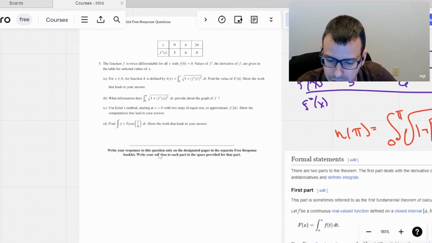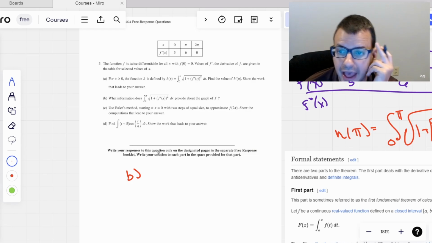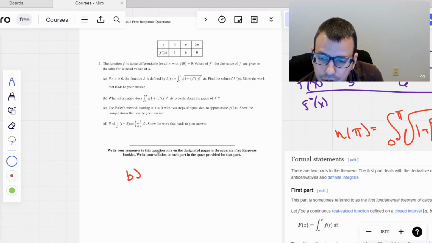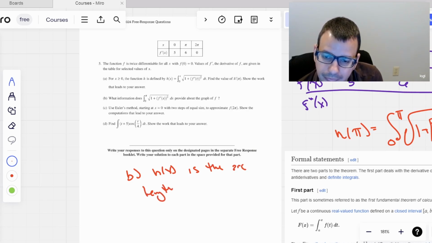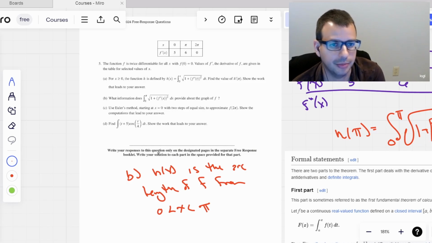So I'm going to do B right here: what information does this provide about the graph of f? h of x is the arc length of f from 0 less than x less than pi. So this is the arc length formula. You just have to look at them and recognize, oh, arc length formula.